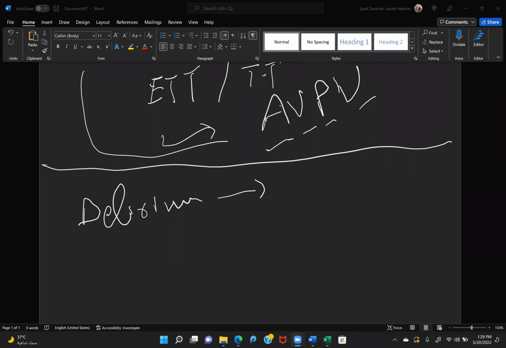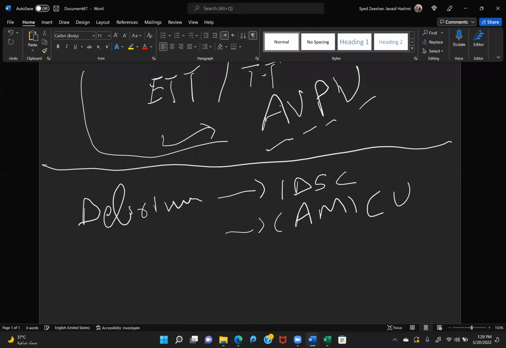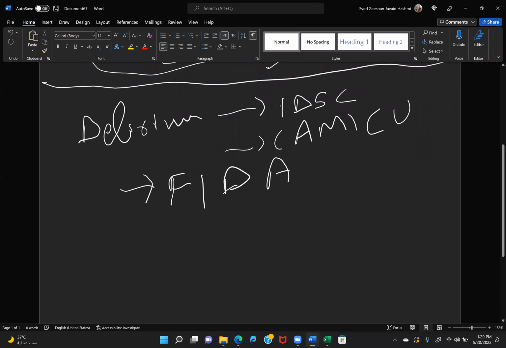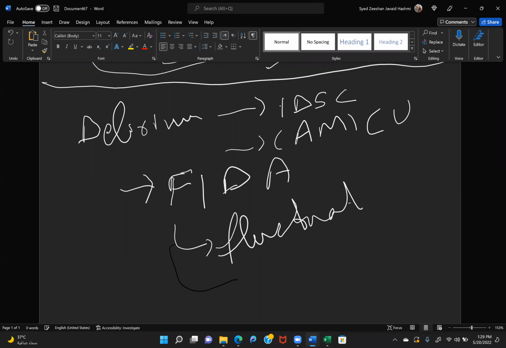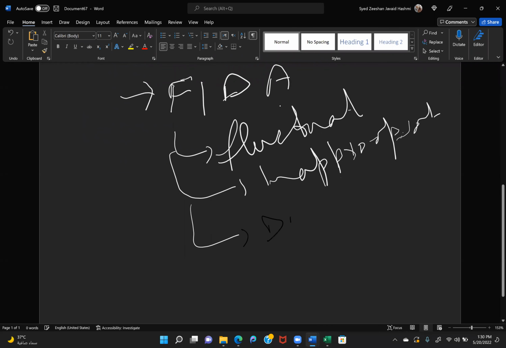Actually, there are two tools to assess the patient in ICU for delirium: the ICU delirium screening checklist, and the second is CAM-ICU. The ICU delirium screening checklist is mostly done by the nurses every 8 hours, and there are 8 parameters.